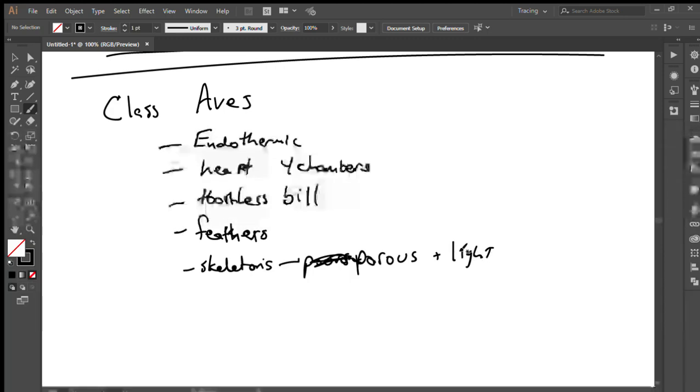And we'll talk a little bit more about the characteristics on that. So, okay, you know endotherm, they generate their own body heat. The bird's ability to fly, the feathers help with flight, although they also offer some insulating properties.